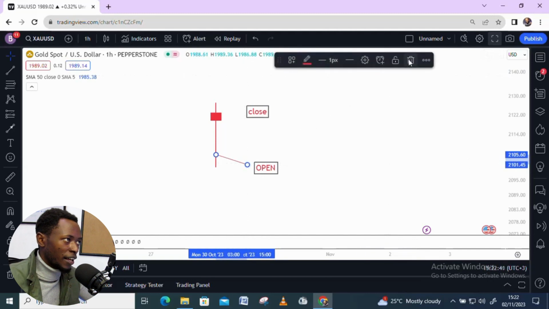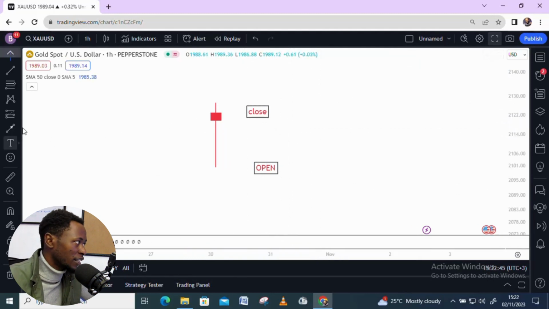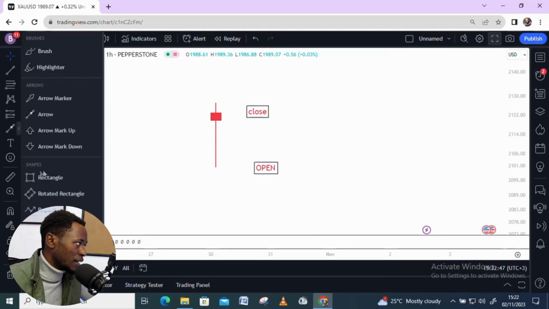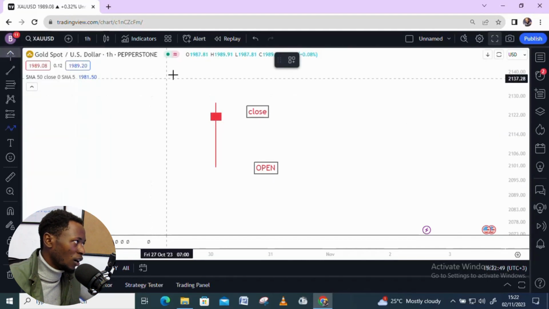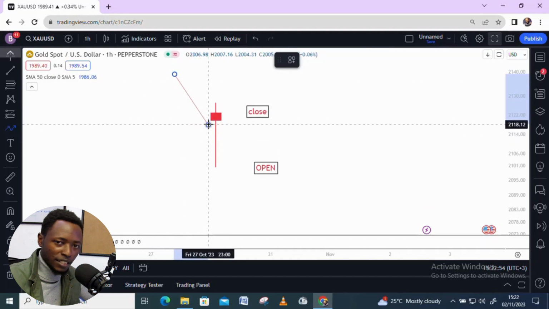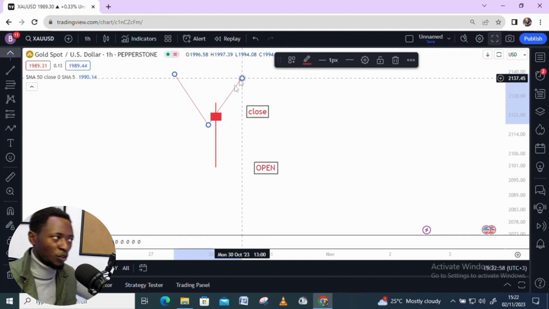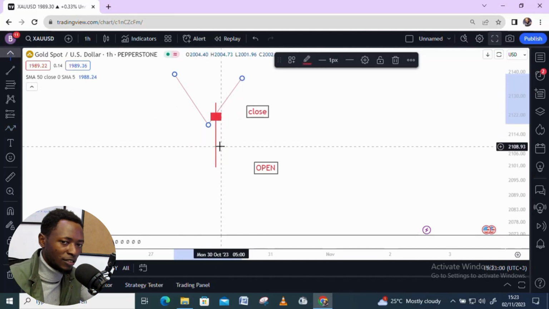They form in a downtrend. Price is moving lower, hits support and is now moving higher. So the hammer forms in a downtrend.